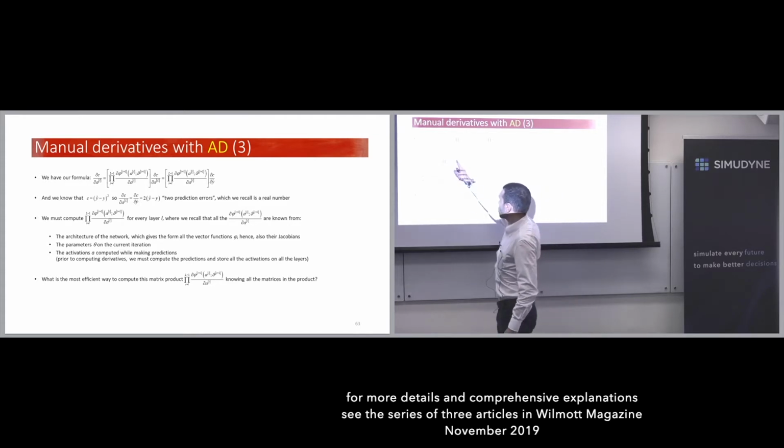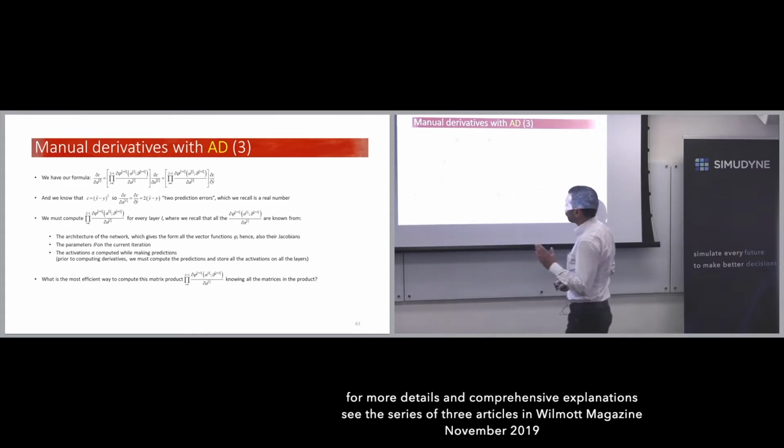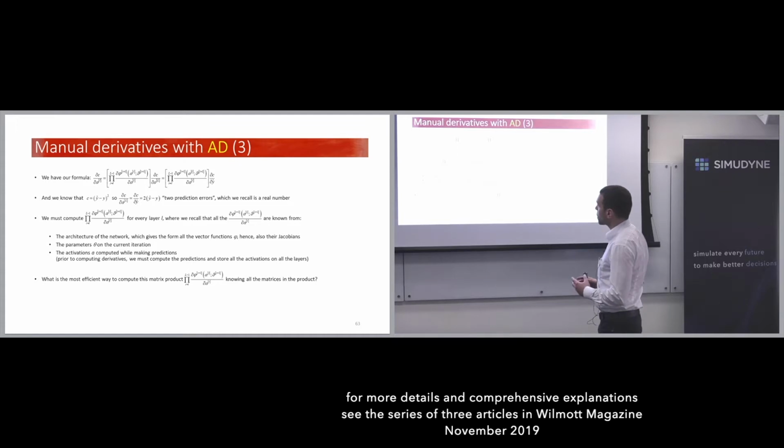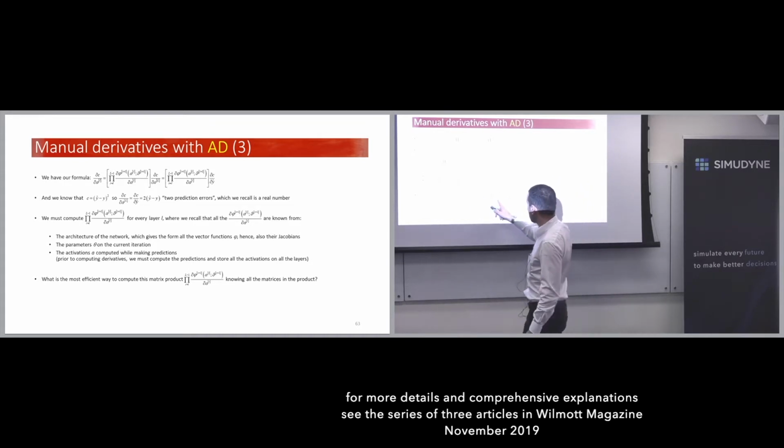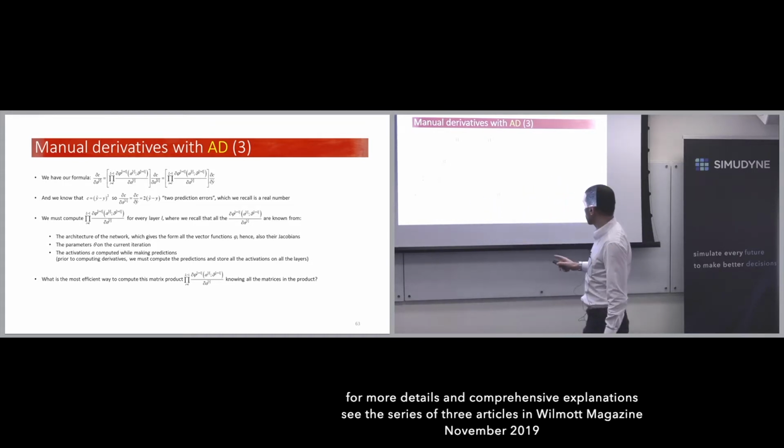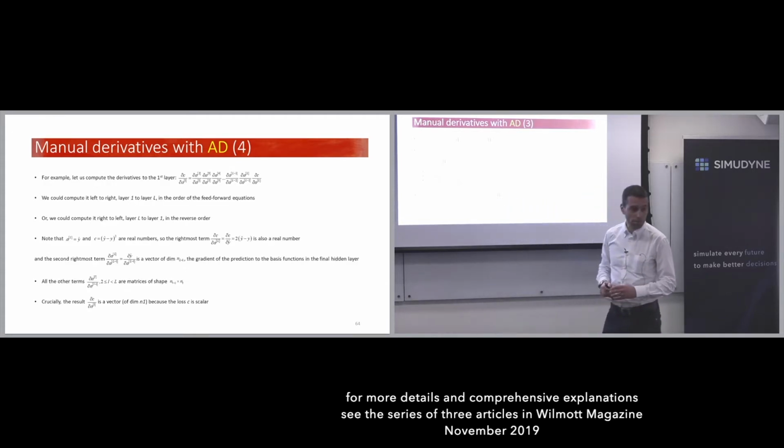And all the hidden layer activations have been computed and stored on a prior prediction step. So the only thing we need to figure out is the most efficient way to compute this big matrix product, knowing all the matrices in the product.